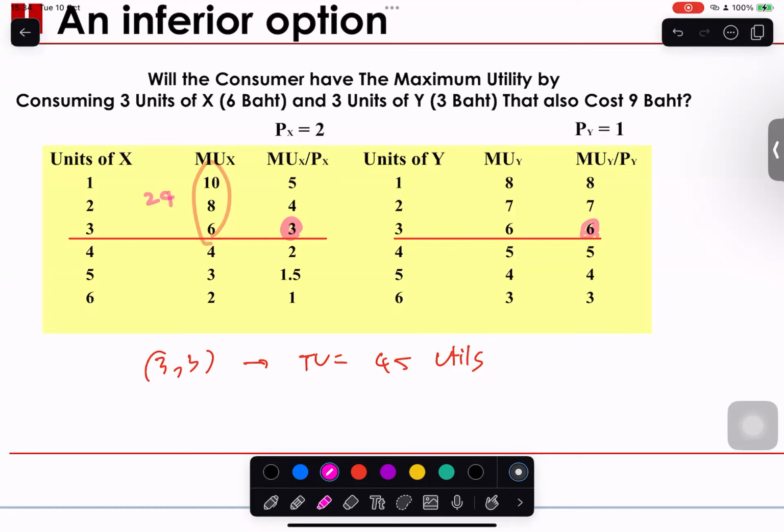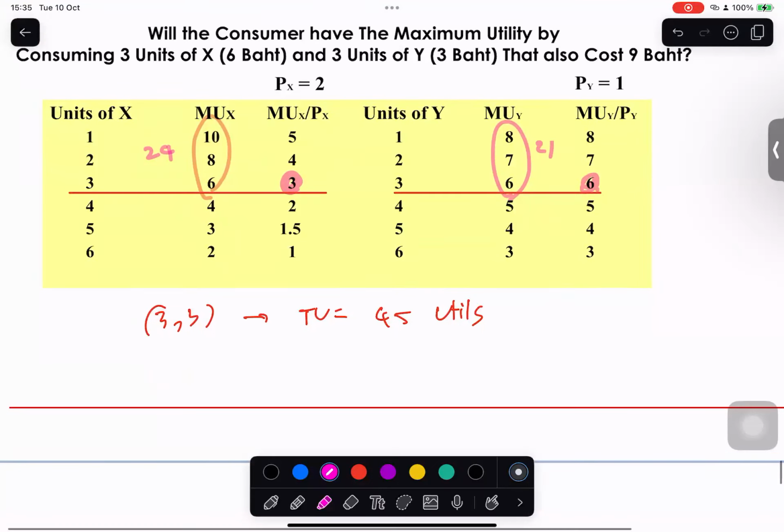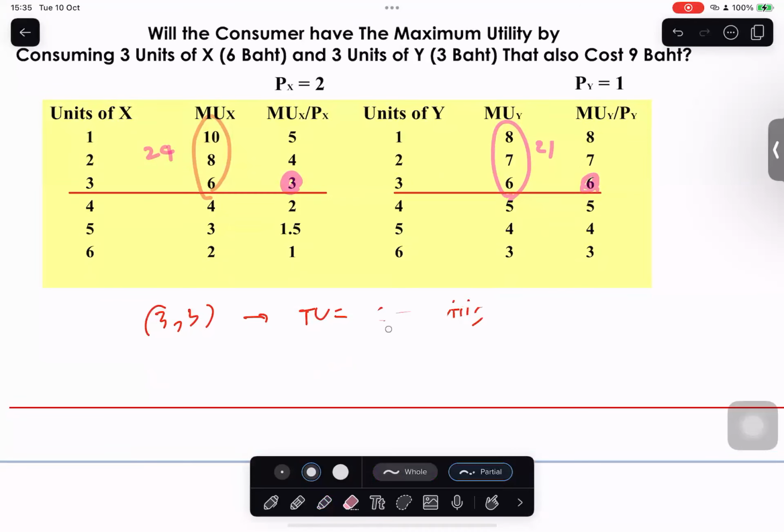3 units of good Y: 8, 7, 15, 6, 21. Okay, we confirm that if he comes up with this basket, TU is 45, TUX plus TUY, 24 plus 21, 45 utils.